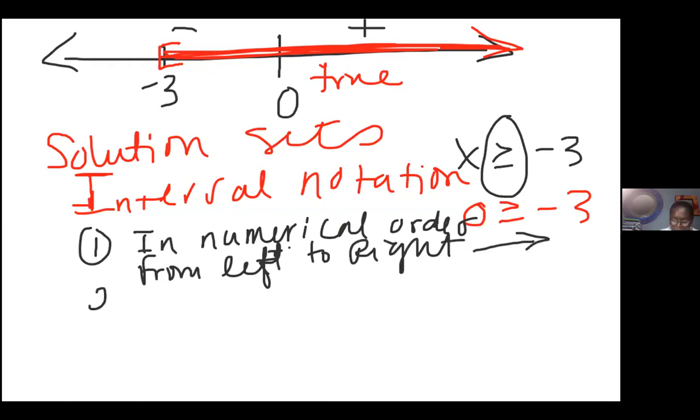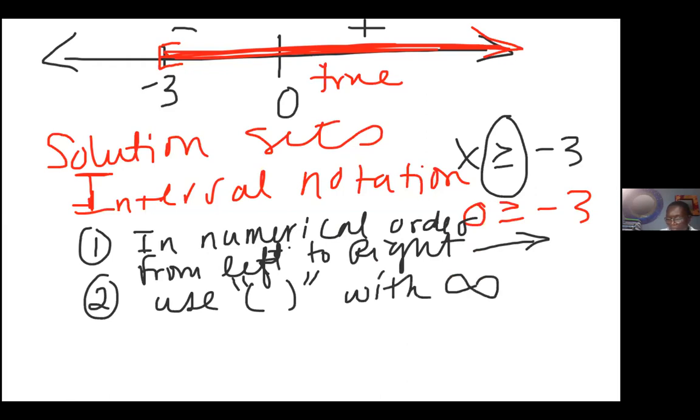And then number 2, you want to use parentheses with positive infinity and negative infinity. In other words, you do not ever include positive or negative infinity. So guys, interval notation takes a while to get used to. It's going to take a solid 3 or 4 problems for you to get used to it. Once you get used to it, you won't have an issue.